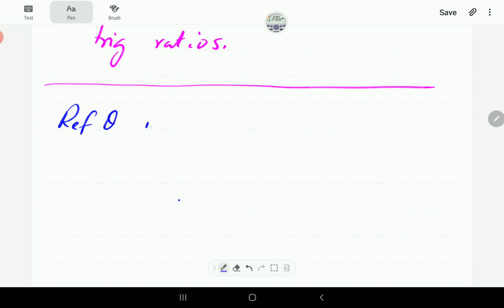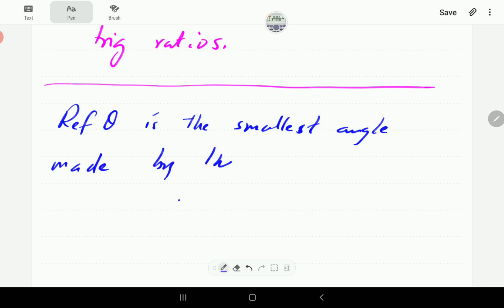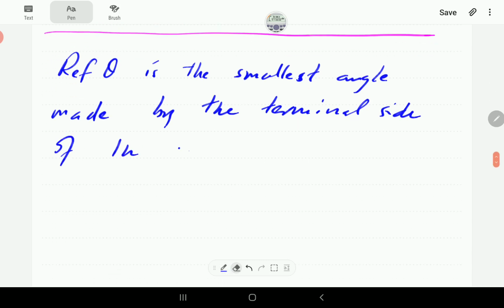Ref theta, which is the reference angle of theta, is the smallest angle made by the terminal side of theta, terminal side, you'll remember that from the previous video, with the horizontal axis.